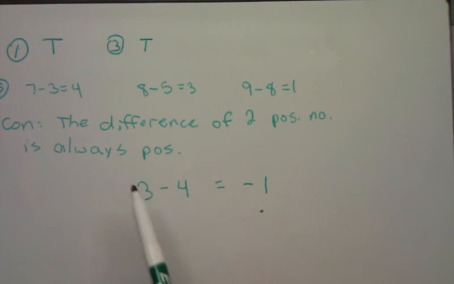So these are both positive, but when I subtracted them, I did not come up with a positive number. So this is my counterexample. Alright? It's important that you try to do this before you watch me do it, because in a minute you're going to be doing them by yourself. So this shows you if you're understanding it or not.